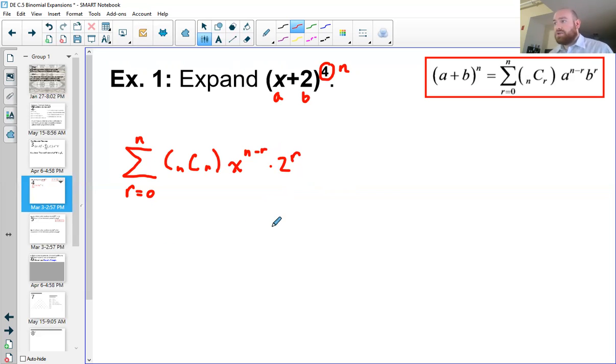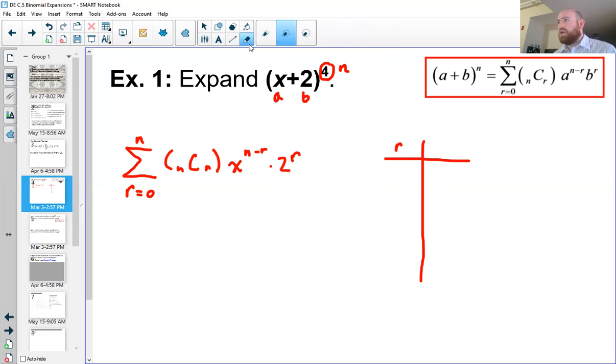So we can even think of this as having a table. We can have r. But even before we set up the table, there's one thing that we can change. We know what n is equal to. n is 4.